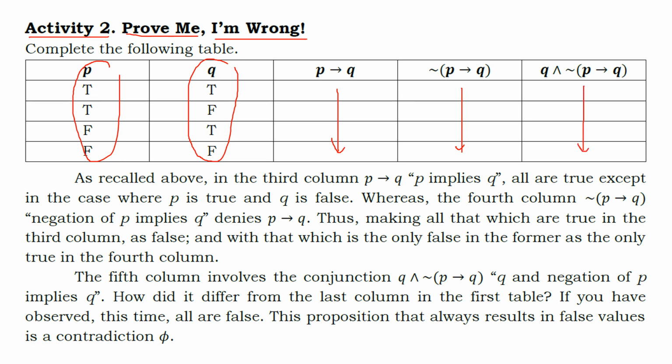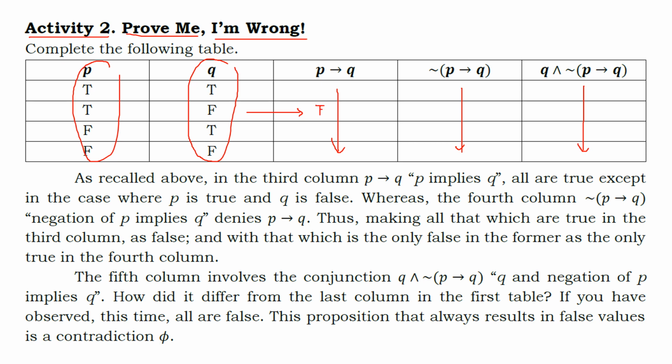Again, to recall from above, in the third column P conditional Q, or P implies Q, all are true except in the case where P is true and Q is false. So this will fall here, meaning the truth value of your P conditional Q in this case will be false.